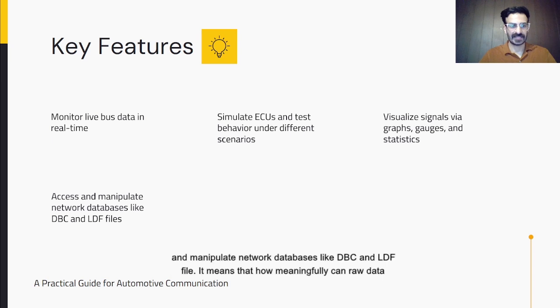Also, you can access and manipulate network databases like DBC and LDF files. It means that you can define how raw data from the vehicle is meaningfully interpreted. In DBC and LDF files, you can see the unit, maximum, minimum, and any other property of a specific signal, and you can edit it, and you can see what that raw data means.